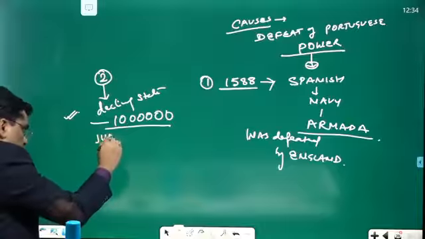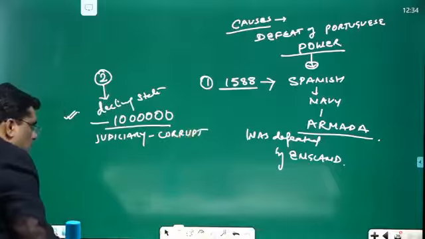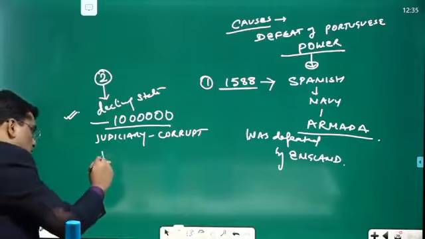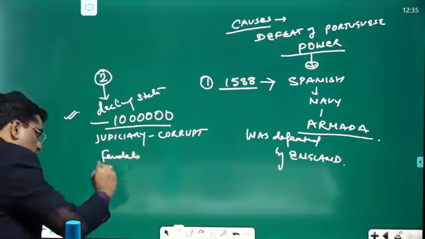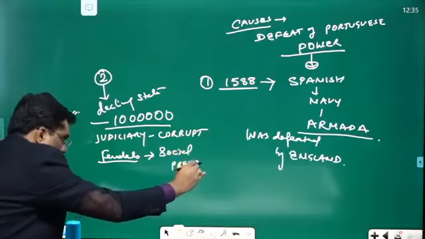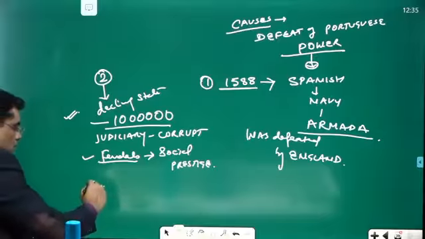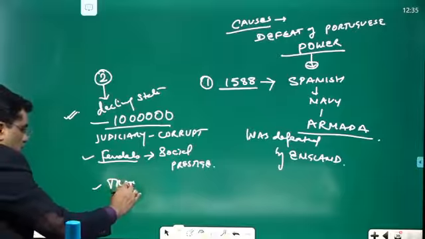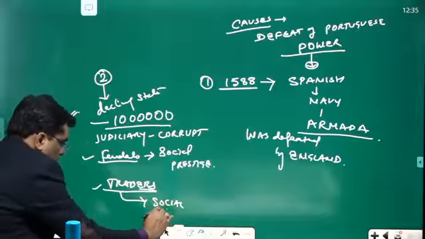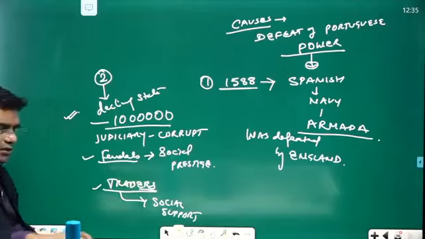Judiciary was very corrupt. Only feudals enjoyed the social prestige.